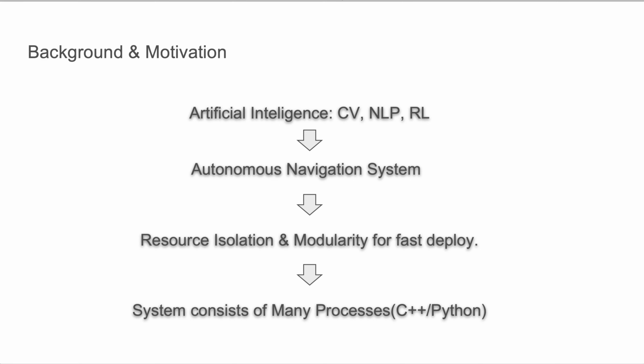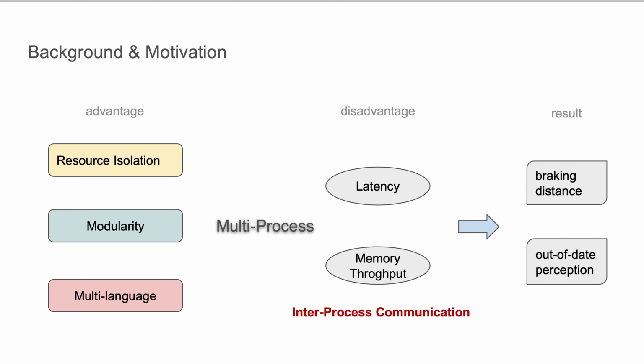The autonomous navigation system consists of various processes of the operating system, including C++ implementation and Python implementation, especially for the deep learning module. With a multi-process model, we have many advantages, such as resource isolation, modularity, and cross multi-language boundary support.